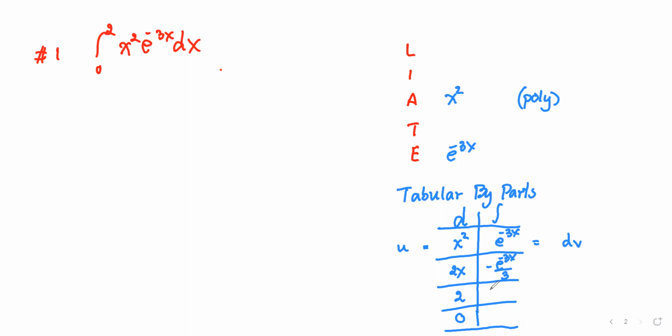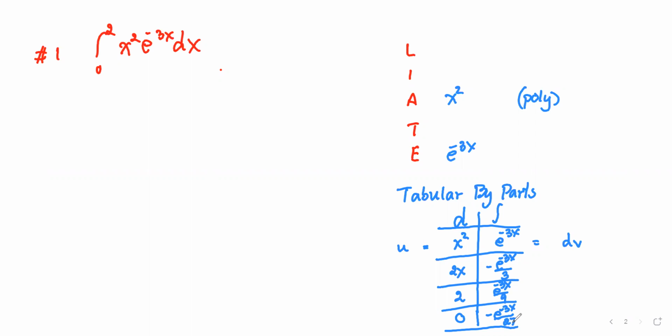And another round gonna have positive sign this time, e to the negative 3x over 9. And one more round because we have to complete the whole table, and it completes at the row that the derivative is 0. So the last antiderivative is gonna be negative e to the negative 3x over 27.